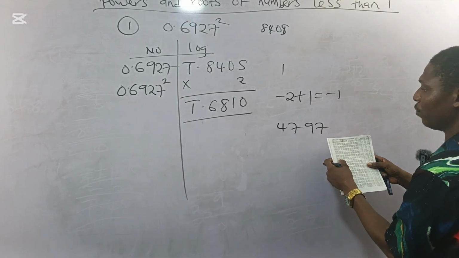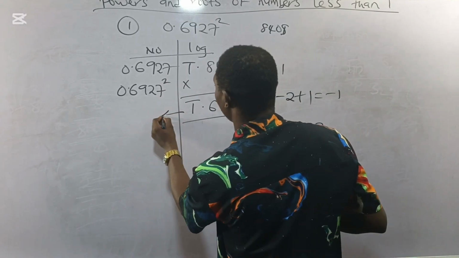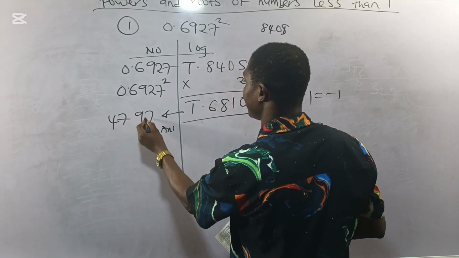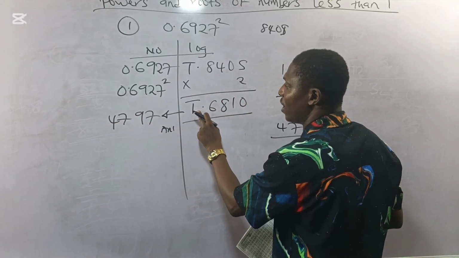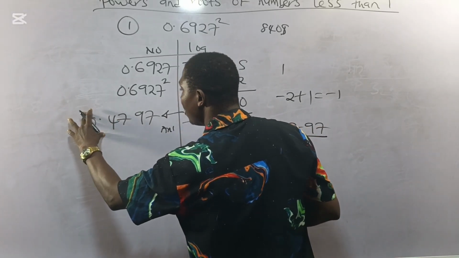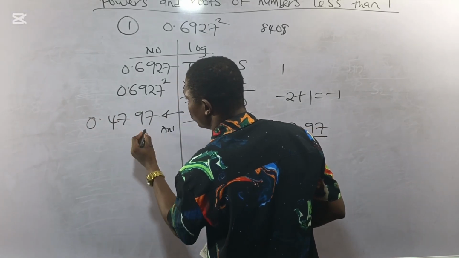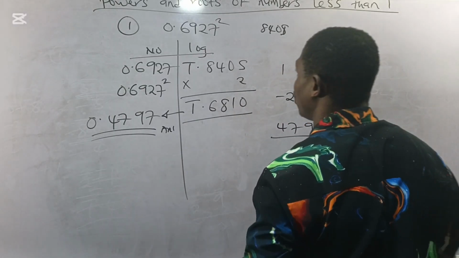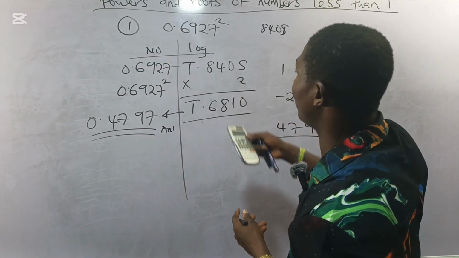So this simply gives me this. So my antilog becomes 4797. And if I use my bar 1 to determine, I'll have 0 point because the bar 1 means there should be 1 zero before these values. So this is my answer.